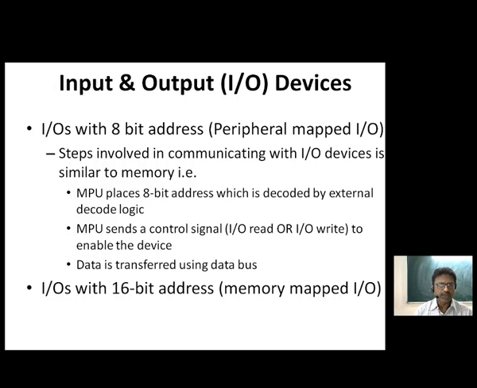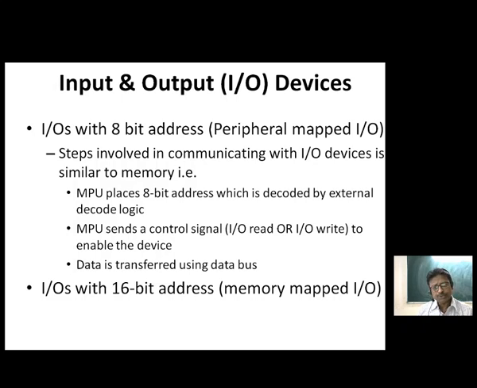First of all, the microprocessor places the 8-bit address from the address bus to the peripheral device, which is decoded by the external decoding logic. We have a certain circuit called the interfacing circuit, to know which address is designated for which input or output device.